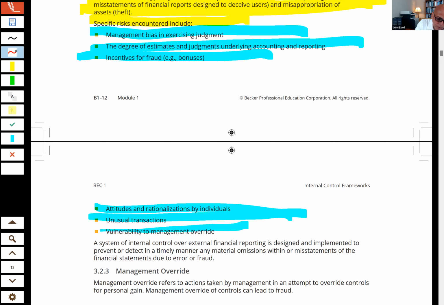Now, there's something called the fraud risk, and some people will call it the fraud risk triangle. And if you're looking over my shoulder here, I am teaching a class in fraud this quarter at De Anza College, and so I went ahead and picked up the fraud examiner's manual to help me with that class.